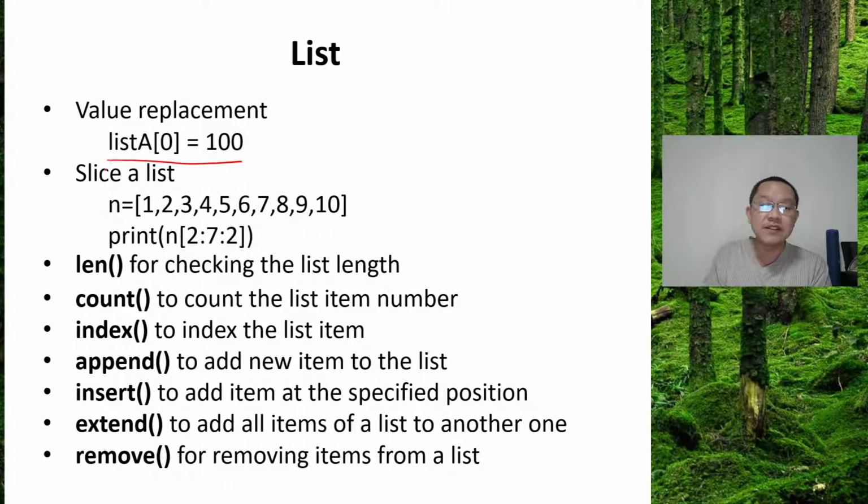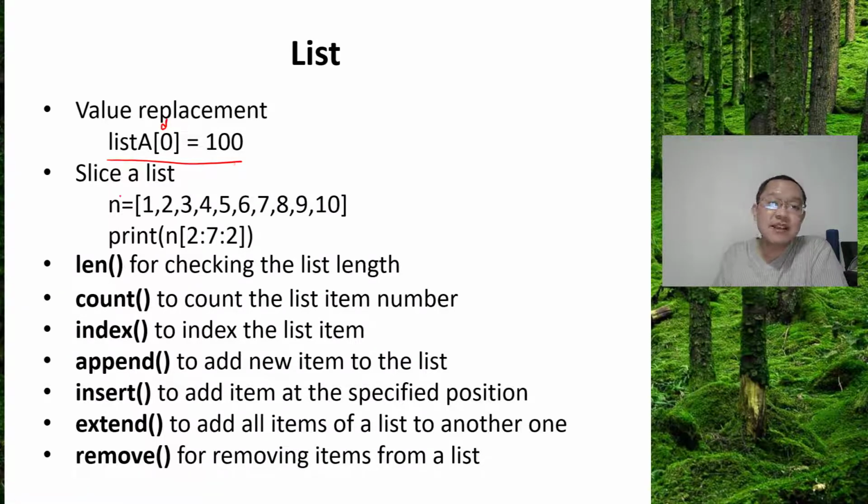This sentence means we want to assign the value of 100 to the item at position 0 of list A. We want to replace the value at the 0th position of list A with the value of 100. So the value at this position will be changed.